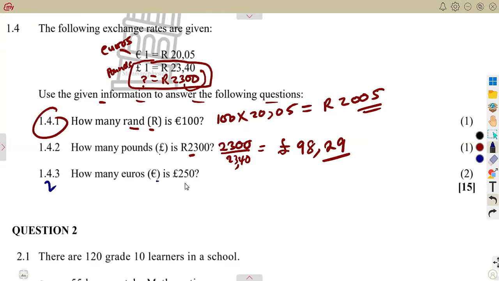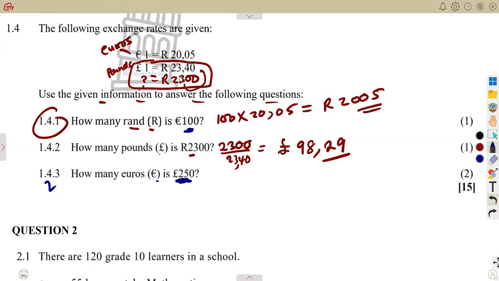Then how many euros do we have for 250 pounds? You can change the 250 pounds to the rands because this is easier, just like what we did here. We managed to convert, right? Remember, you have to multiply. So you convert the pounds to the rand first.